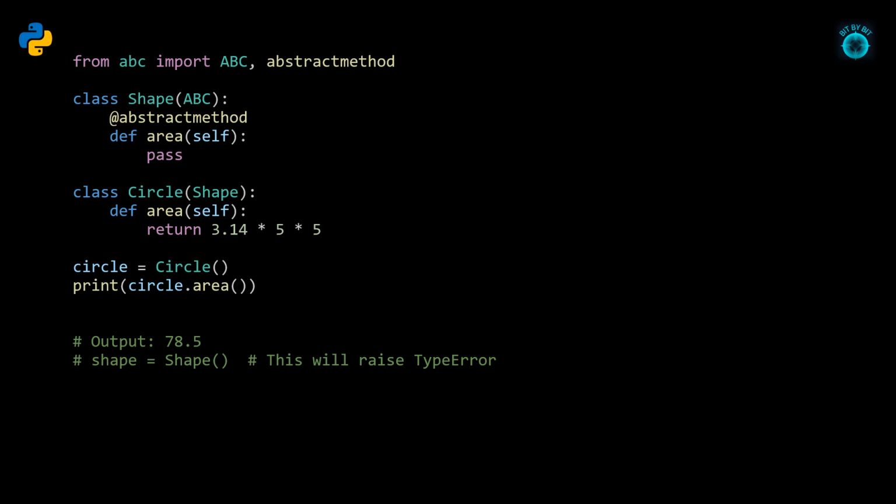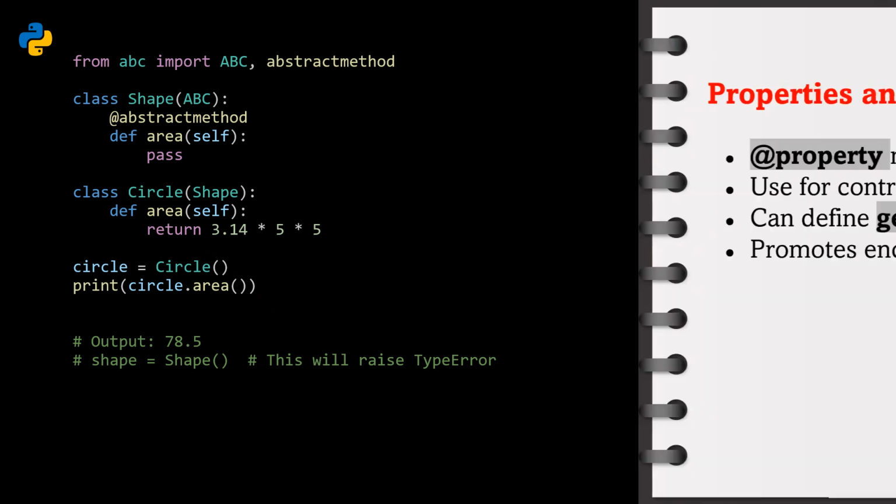Then we define a subclass called Circle and implement the area method with a real formula. When we create a Circle object and call the area method, it returns 78.5. But if we try to create a Shape object directly, Python will raise a TypeError because the abstract method is not implemented in Shape itself.